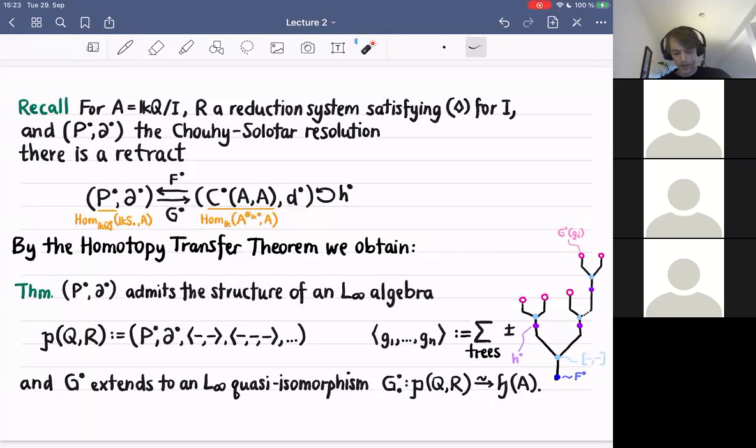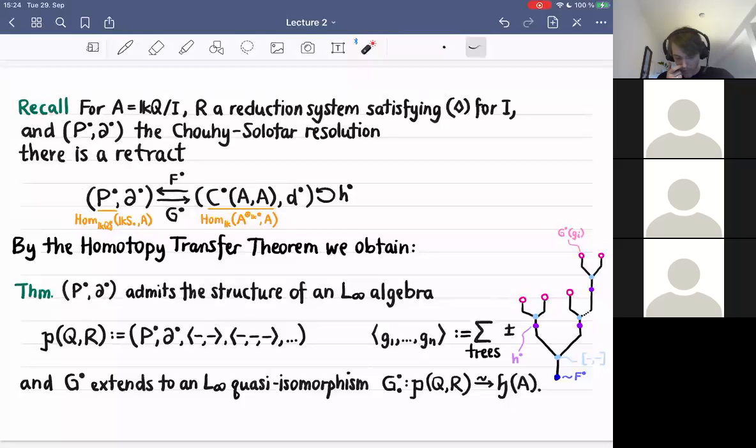And what you get is the structure of an L infinity algebra. And so we call this PQR. And as underlying cochain complex, it has the cochain complex coming from the Cibils-Solotar resolution.